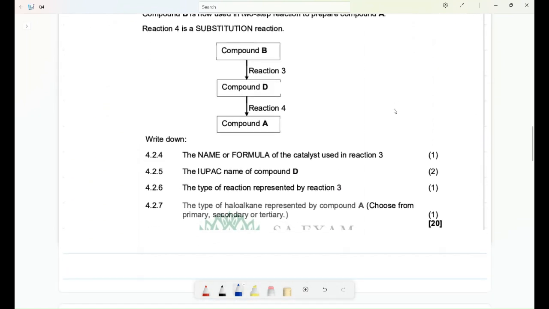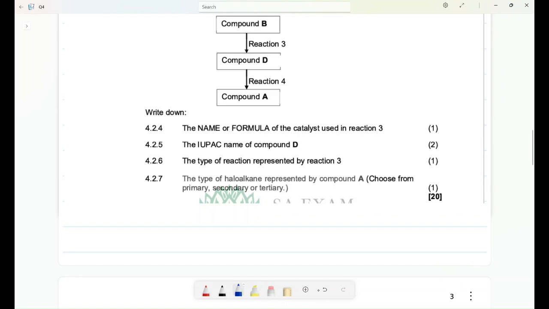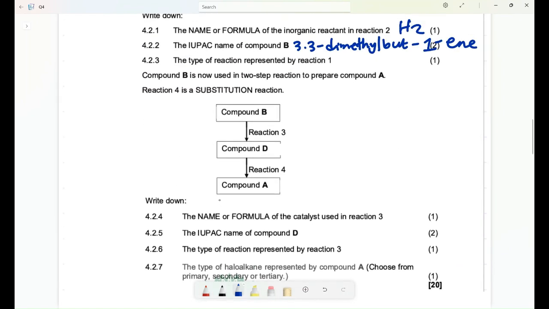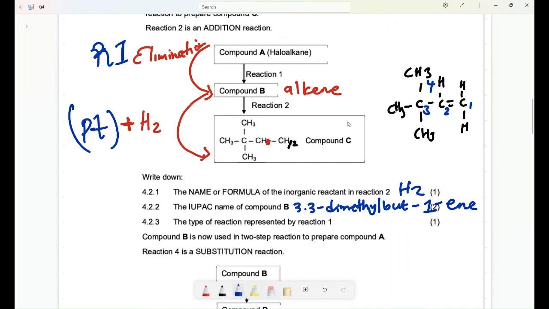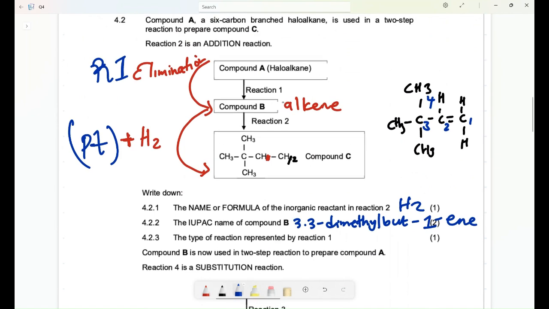Compound B is now used in 2 steps to prepare compound A. So now they take compound B, and they try to form back compound A. But now instead of going directly and giving back the halogens from here to here, they do it in a multi-step.